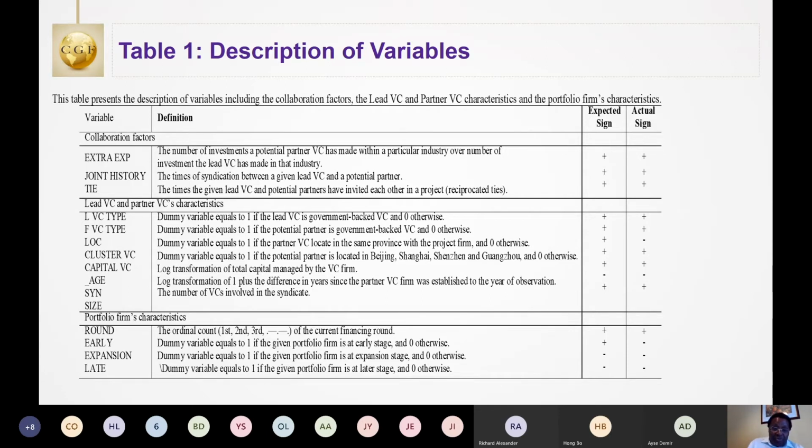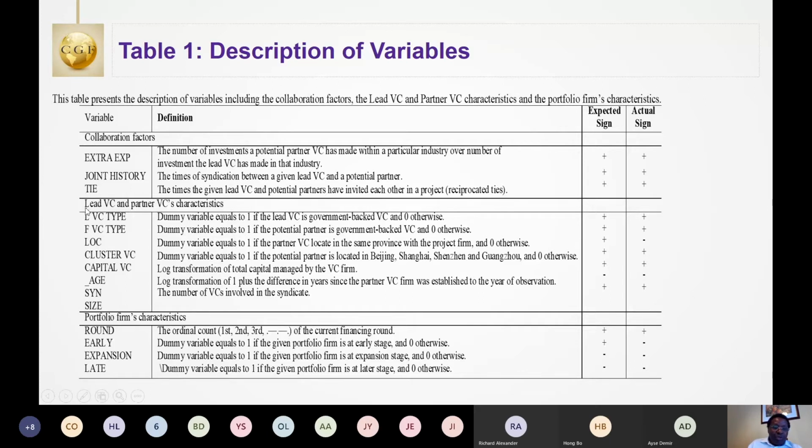So if I can use my cursor, we mentioned the important collaboration factors: extra experience, the number of investments a potential partner has made in the industry over the number of investments the lead VC has made in that industry. Joint history, the times of syndication between a given VC and a potential partner. The tie here is capturing reciprocated ties, the times that the lead VC and potential partners have invited each other in a project. And these are the trust element that I did mention.